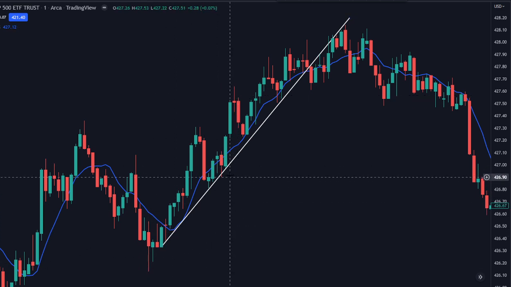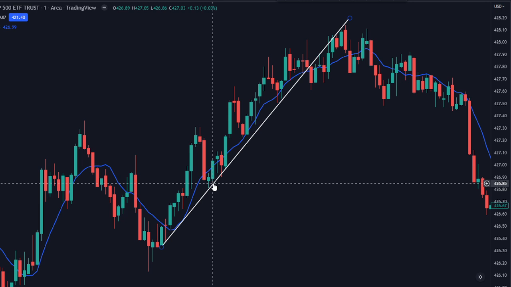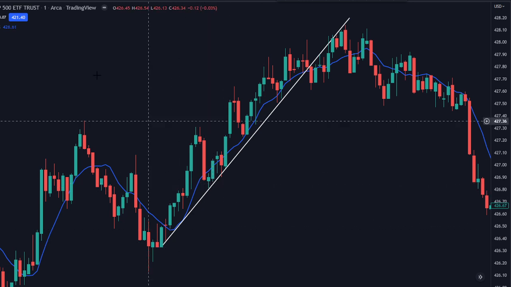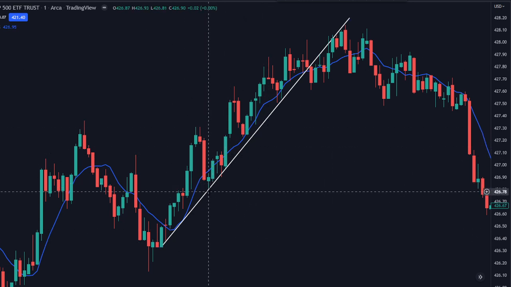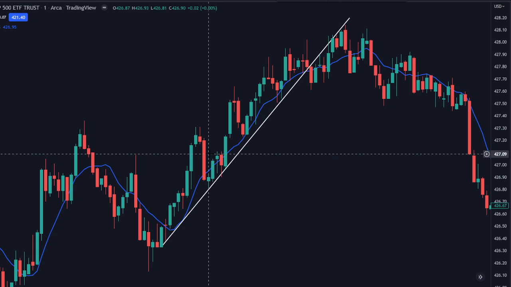Same thing he always tells us: don't buy puts in an uptrend. So whether you counted this as a touch, obviously we could draw it a little different, or this one for sure. So here I'm going, okay, I'm getting into a call right here at the break of this candle.